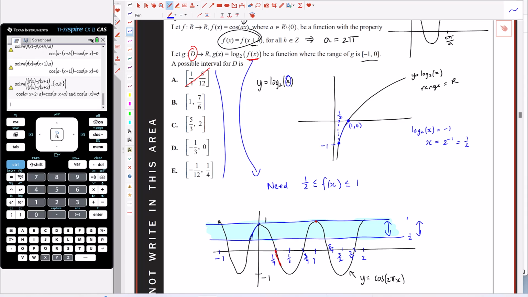Okay, so 7/6 is just a bit more than 1, so just 1/6. So I think that's going to be within the region, but I'm not sure that it's going to come all the way down to here. So we might need to think about that one. 5/3 to 2. 5/3 is, just trying to work out roughly where it is.